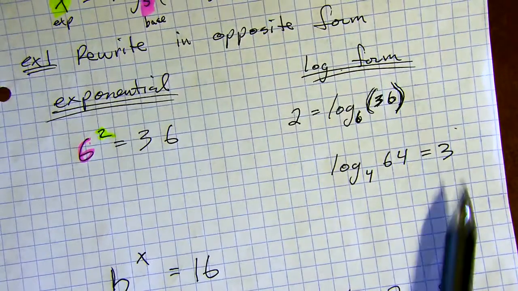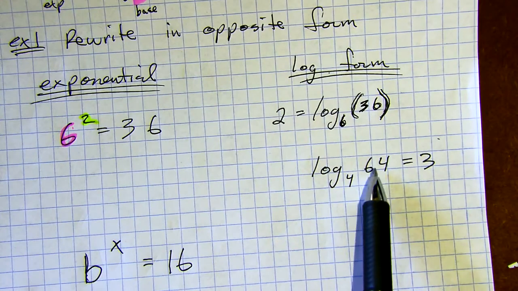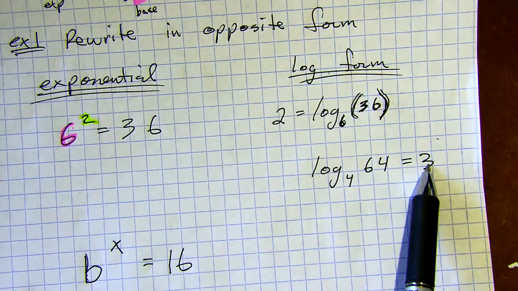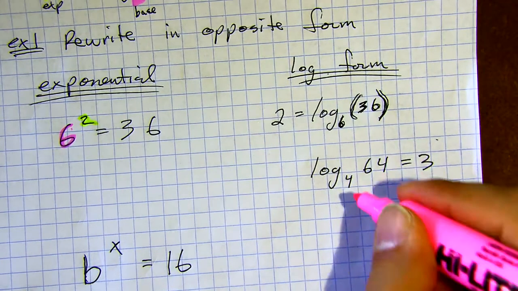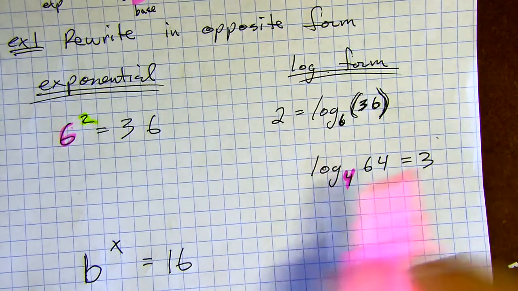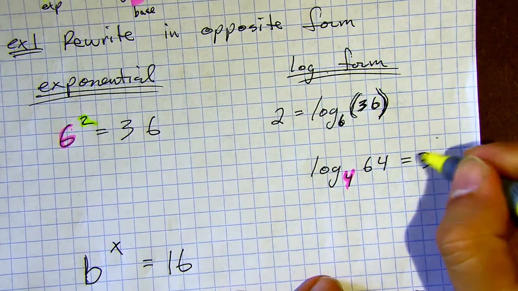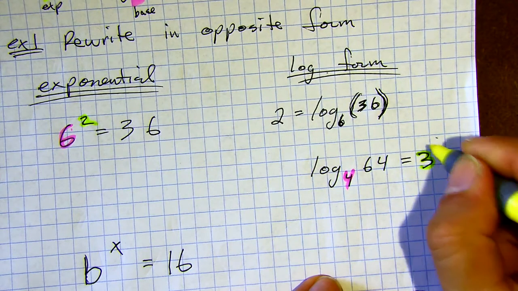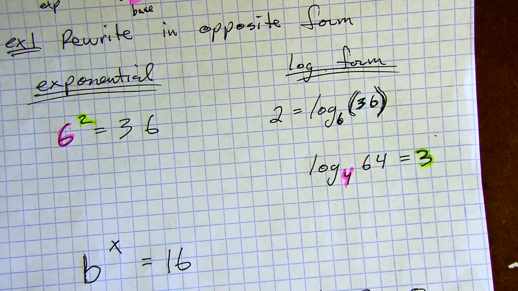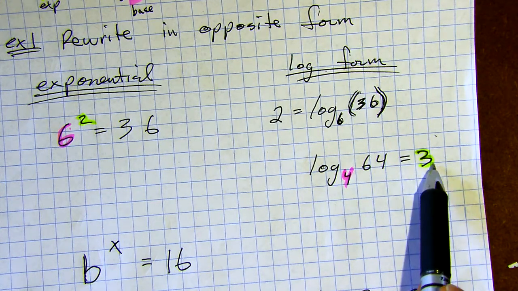Let's go the opposite direction now. Let's go from log base 4 of 64 is equal to 3. Again, I'm going to put the base in pink and the exponent, which we use the log to find, in yellow. So go ahead and rewrite that. We know the base, we know the exponent.